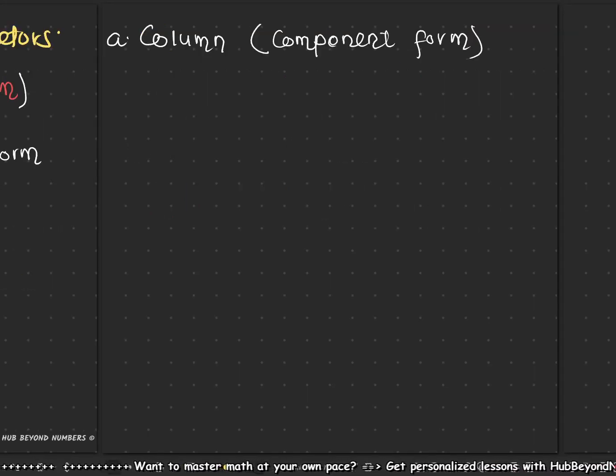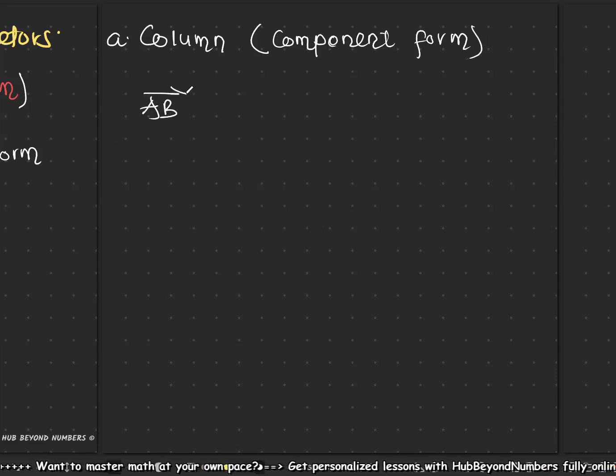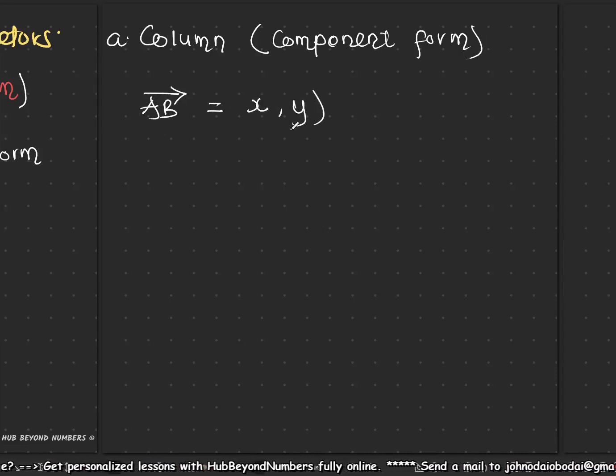Talking of the column form, I would first start with the notation of vectors. If I write vector AB with this line on it here, this line is very important. That is what shows that it's a vector. This here is telling us that we have a vector that moves from A to B in this direction. With this, we are saying that the column representation of vector AB is going to be (x, y).